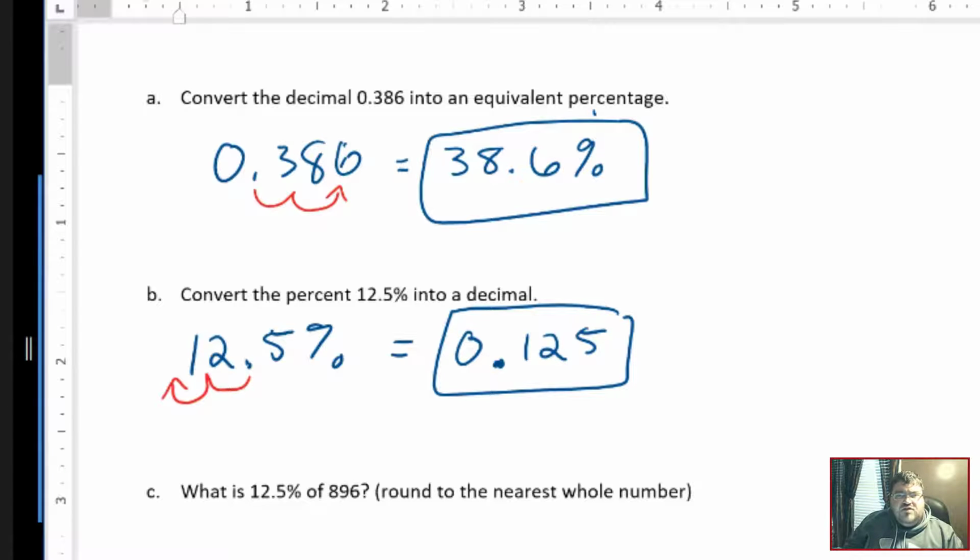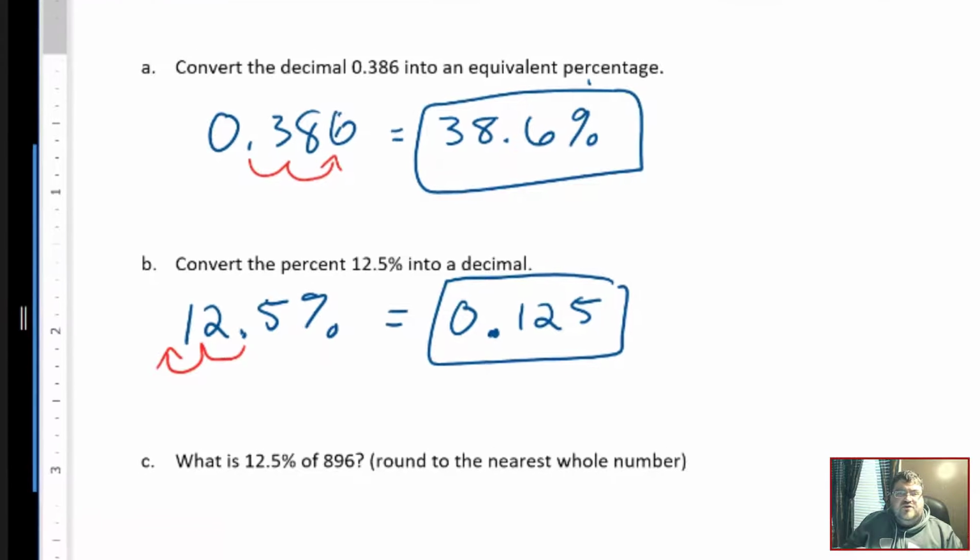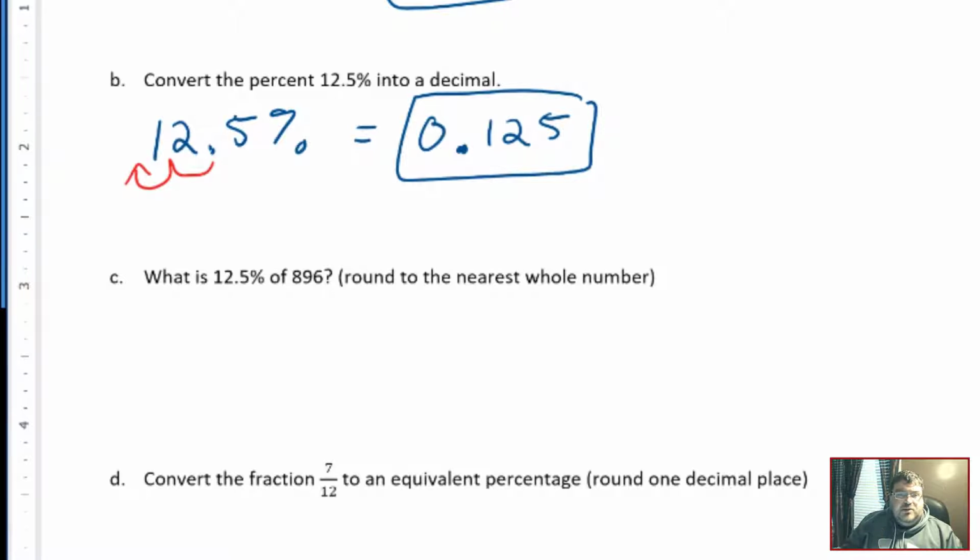And the value of doing that is a lot of times when they ask you to find something like 12.5% of a number, like this example below, it wants us to find 12.5% of 896. Well, the word "of" generally means multiply. So like you're doing 12.5% times 896.